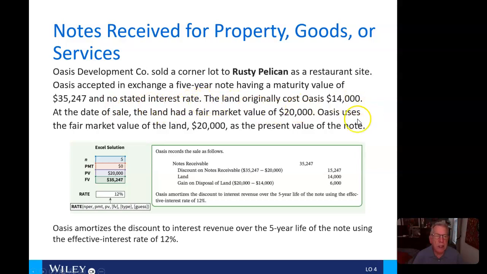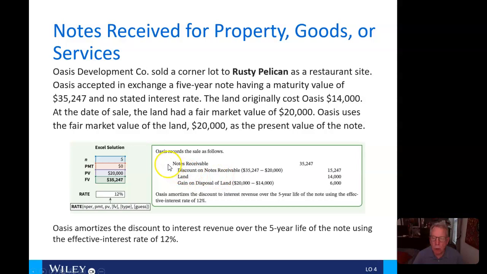The land originally cost Oasis $14,000. At the date of sale, the land had a fair market value of $20,000. Oasis uses the fair market value of the land, $20,000, as the present value of the note.